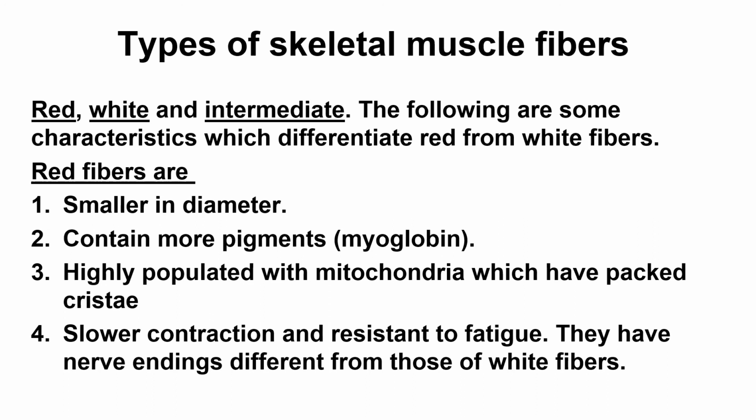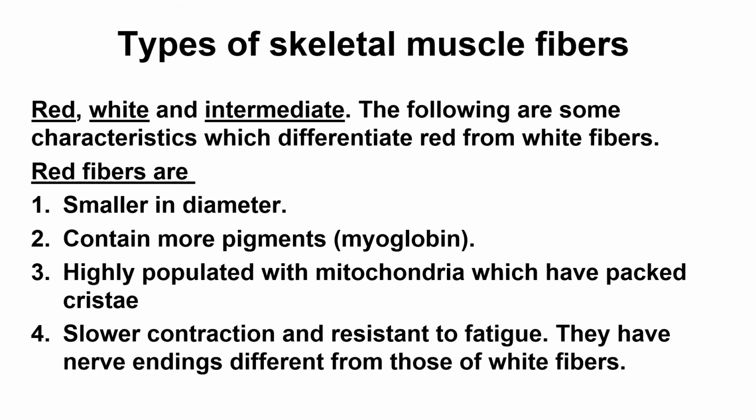Here, I'm going to highlight the differences between these types of muscle fibers. Let's start with the red muscle fibers, also called slow oxidative muscle fibers. These fibers are the smallest in diameter. They perform aerobic respiration. This means that they need oxygen.